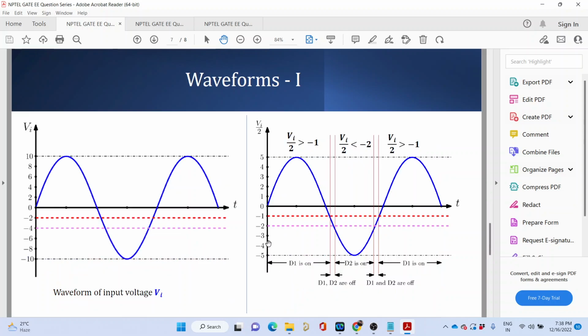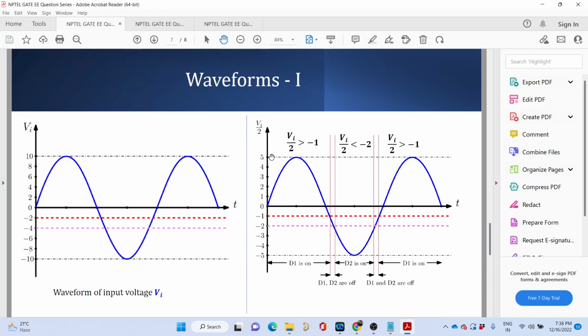Okay. Now let us have a look at how the waveform would look. I have assumed that the input voltage is a sinusoidal voltage having a magnitude of 10. I draw a straight line like this, indicated by red, which indicates minus of 2 volt, and another line indicated by purple or pink color, which is minus of 4 volt.